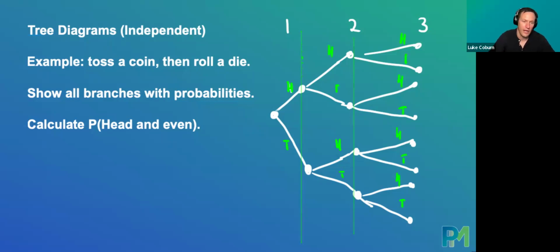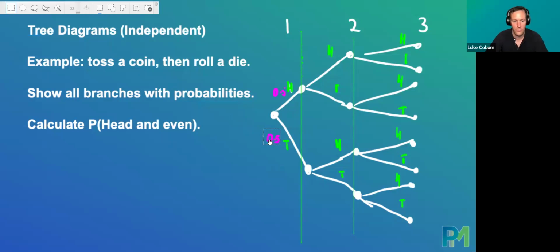Okay, and onto each of these branches, we're going to put the probabilities of each one. So this is 0.5 and 0.5. And you know what? They're all 0.5.